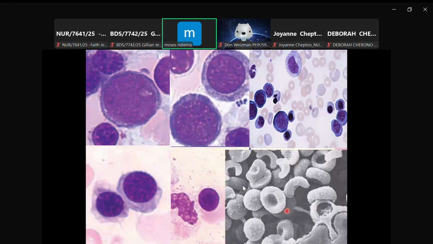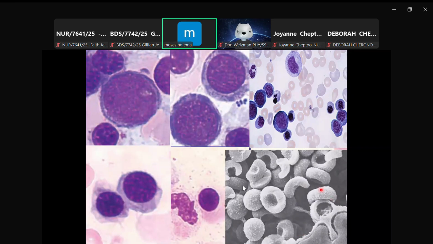Then we have the common myeloid progenitor cell. We have the megakaryocyte, which forms the thrombocyte or platelets, and then the erythrocyte forming red blood cell, mast cells, which are in the tissues, mainly playing a role in inflammation.